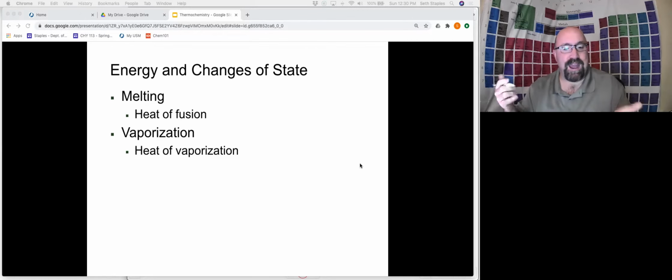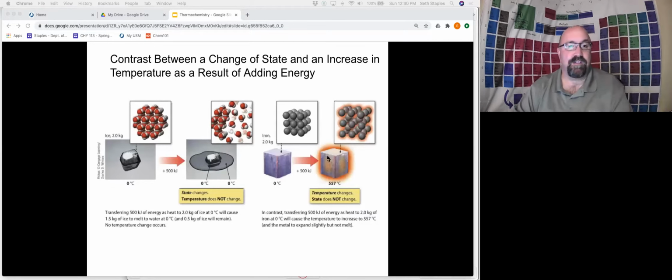And so we're going to look at how we can calculate the amount of energy required to do something like that. For instance, if we transfer 500 kilojoules of energy into 2 kilograms of ice, which is at 0 degrees C, all of that ice will melt and become water at 0 degrees C. Or sorry, not all of it.